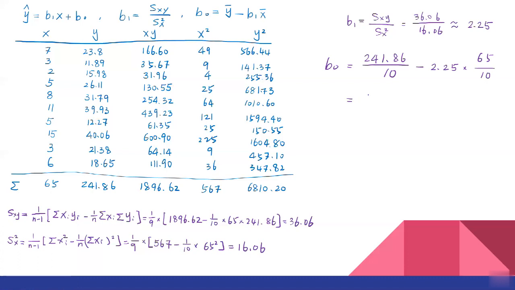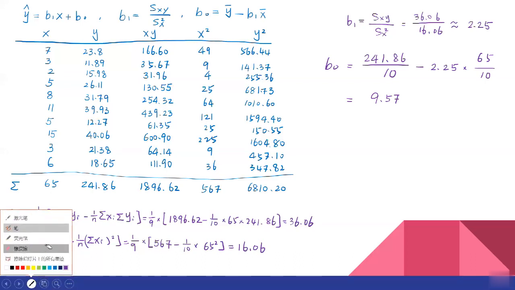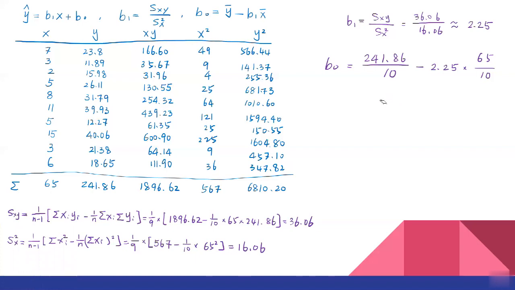This gives us 9.57. Then we have the slope and y-intercept of this equation.